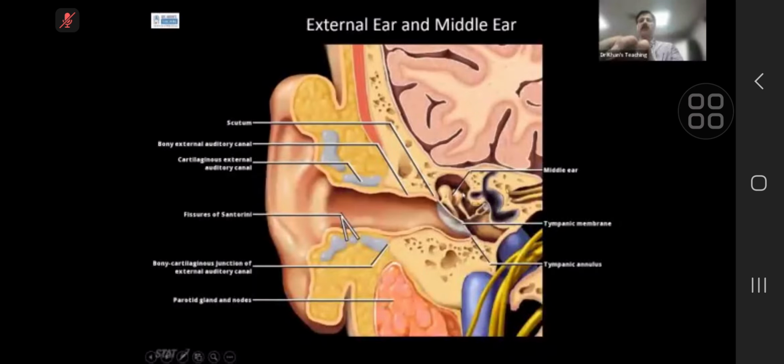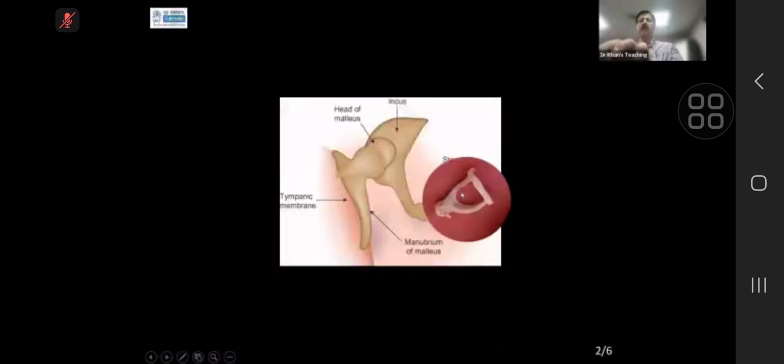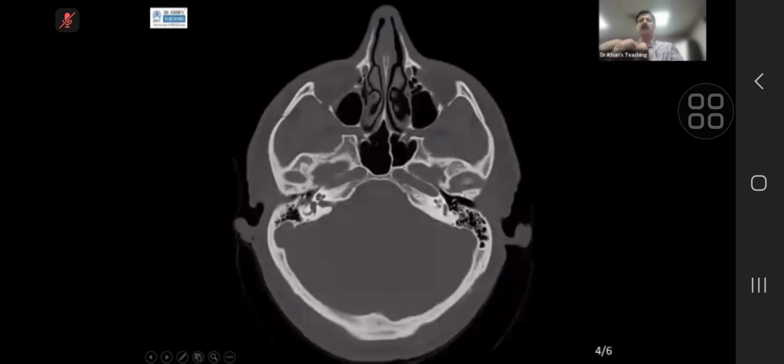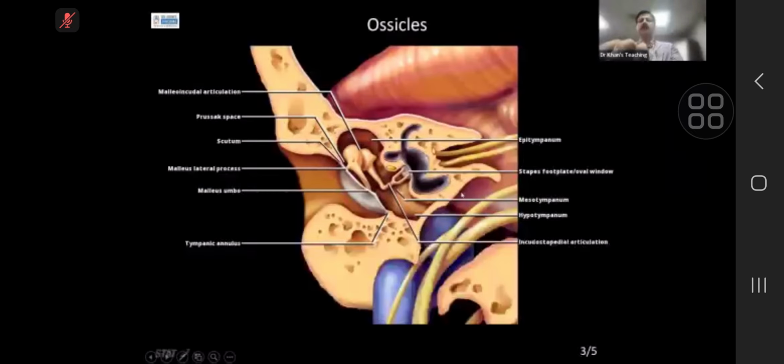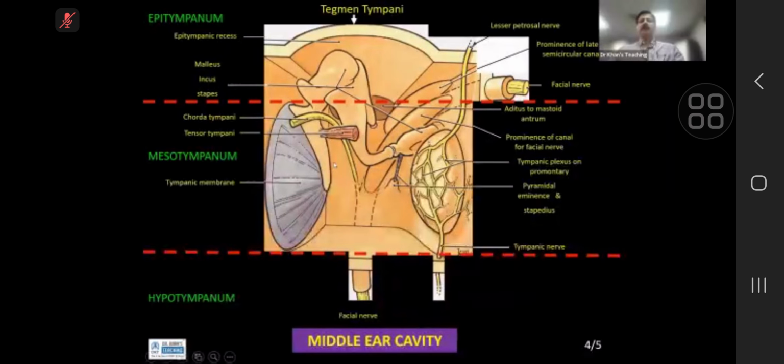Posteriorly, we are going to learn because posterior will be the mastoid. And anteriorly, remember that the carotid canal will be there. Now, concentrate on the medial wall. The medial wall is critical. Now, our friend is the facial nerve.